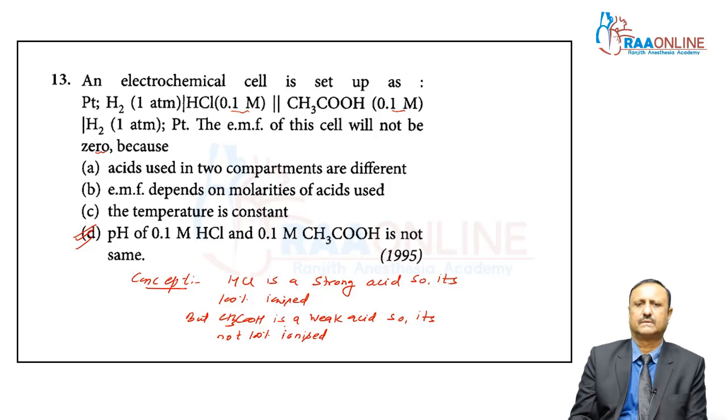So my dear students, here this cell will not have 0 potential. This is the answer and this is the concept. So for question number 13, the answer is D.